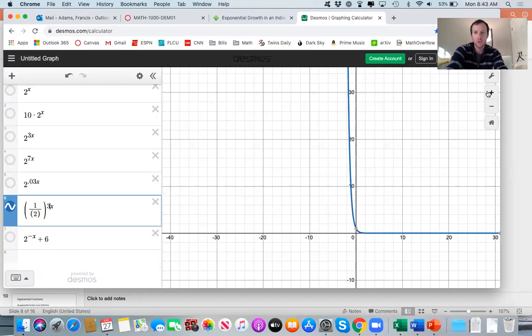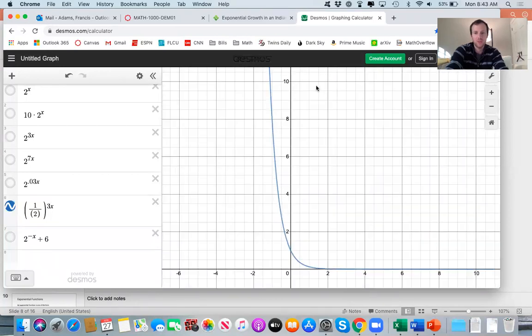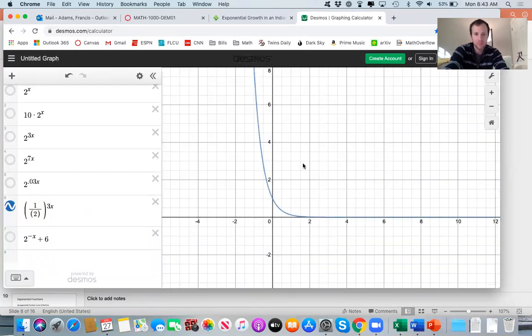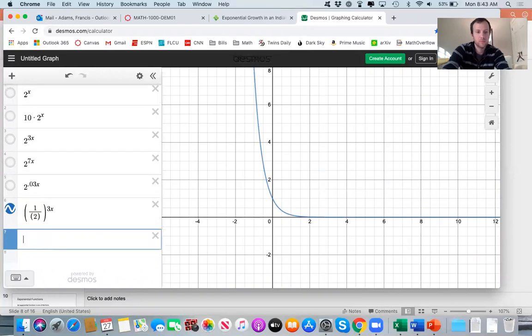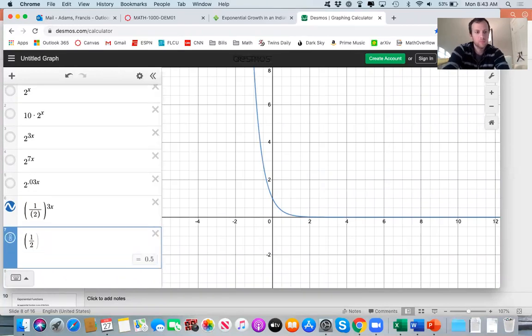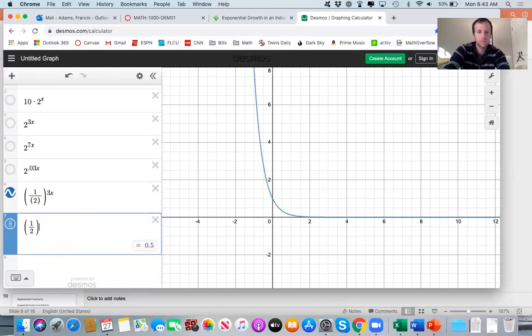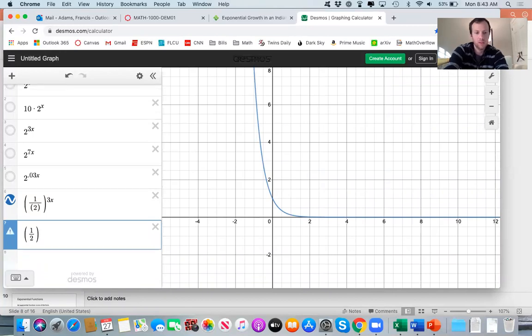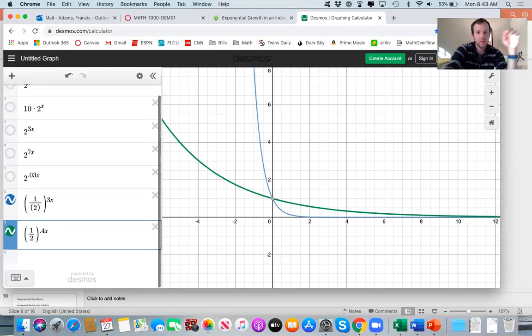What happens over here, let's just zoom in some. One half raised to the 0.4x.